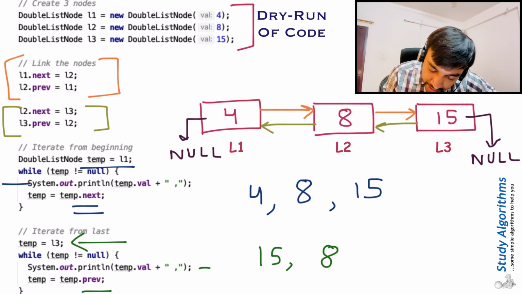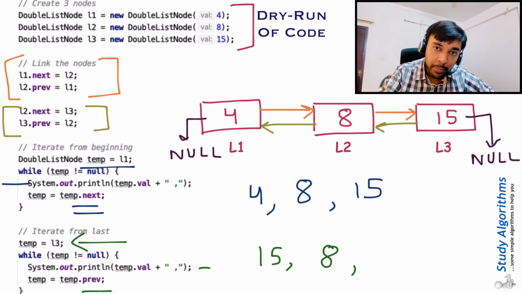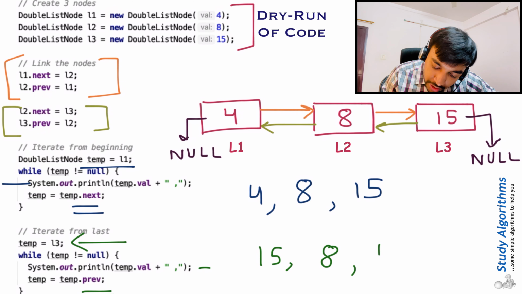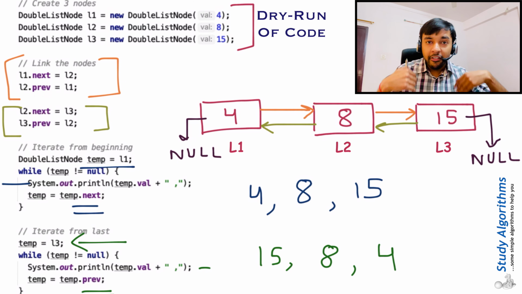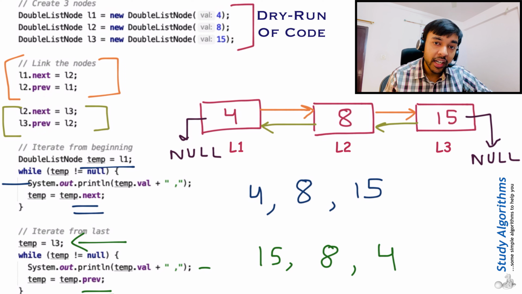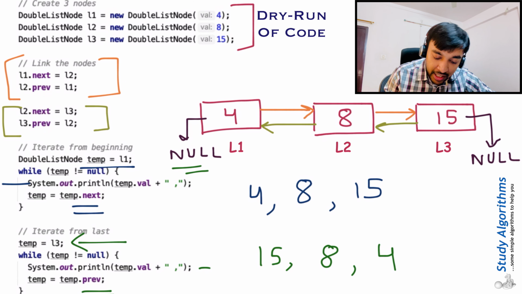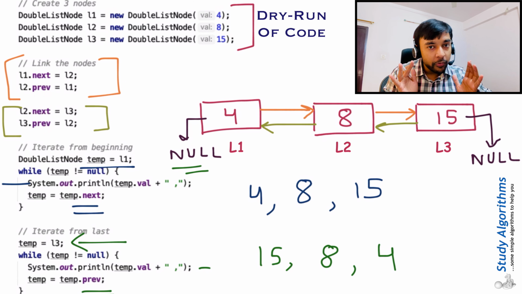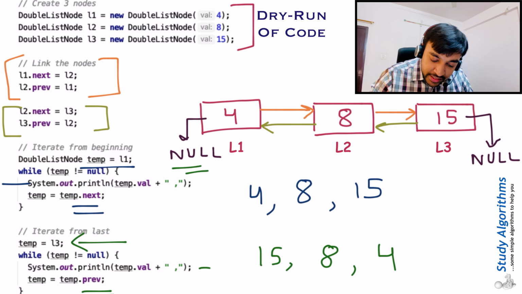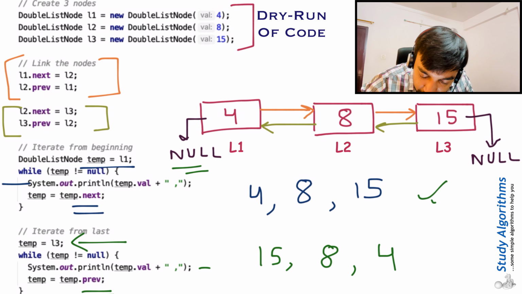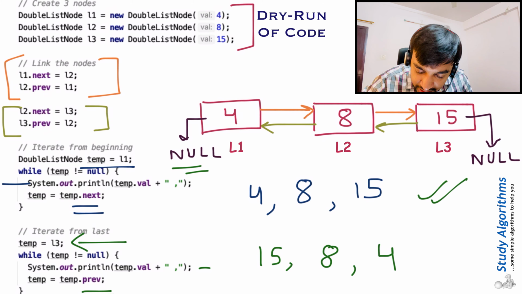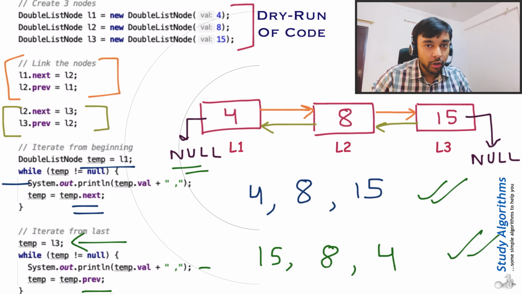It prints 8. It will again do a temp.prev, and this time it will reach 4. Once again, when it will try to do a temp.prev, it will land at null, and ultimately this loop will stop. So you can see that we were easily able to iterate in the forward direction and we were easily able to iterate in the backward direction also.